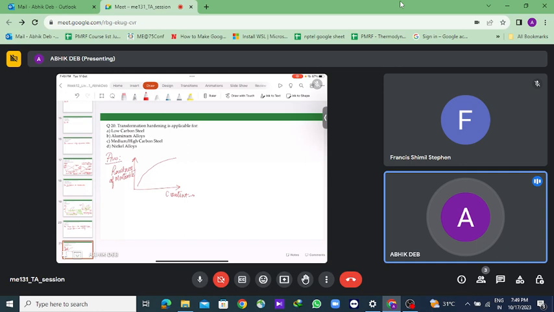Now coming to the next question: after carburizing, tempering is done such that which of this is the correct answer? So after carburizing, why is tempering done again?